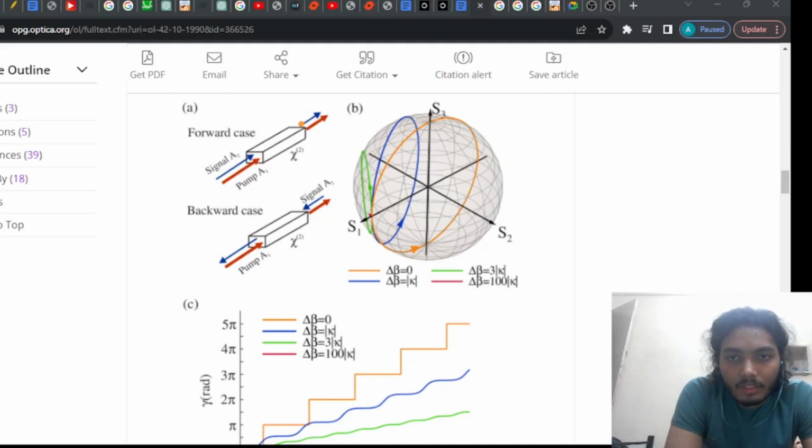Because once this signal changes the direction, the behavior of this crystal, or the response of this crystal, changes completely.